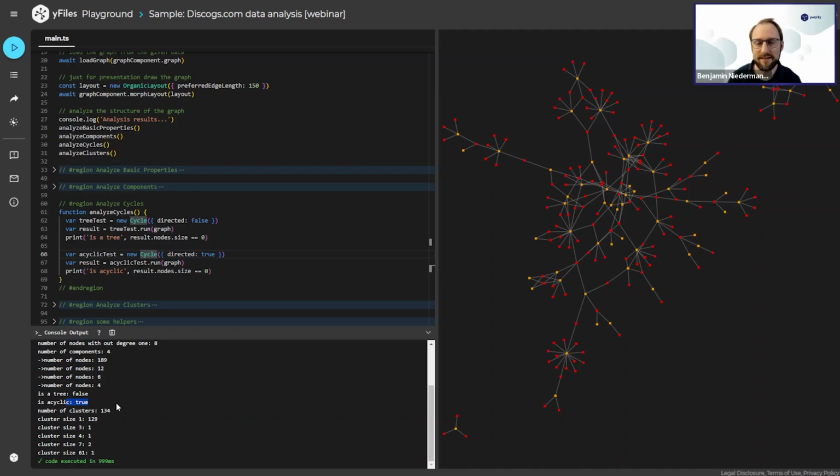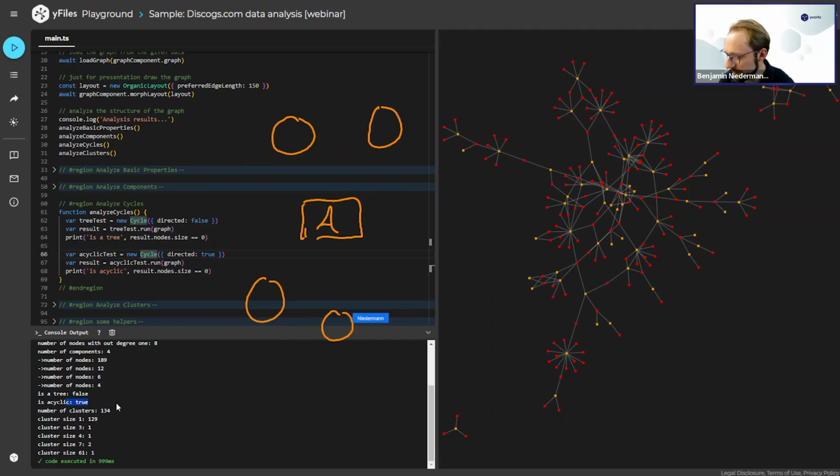And actually, this is not very surprising if you think about how we have constructed the data. The idea was that we have an artist, and we connect the artist to his or her groups by just introducing directed edges that point to these groups.